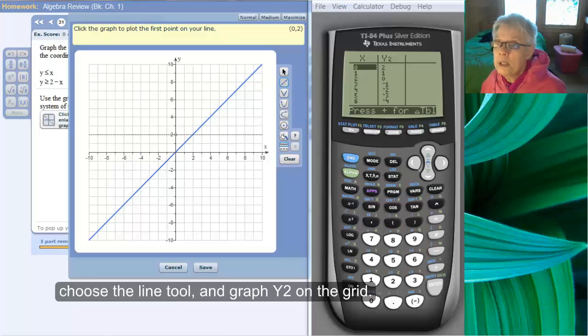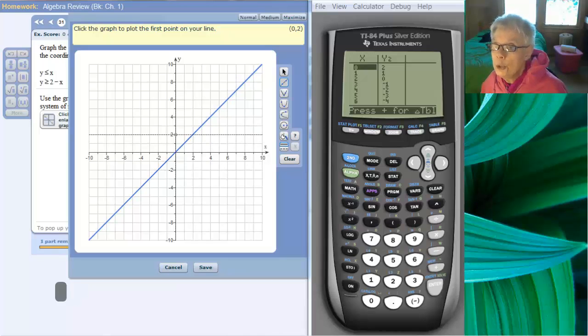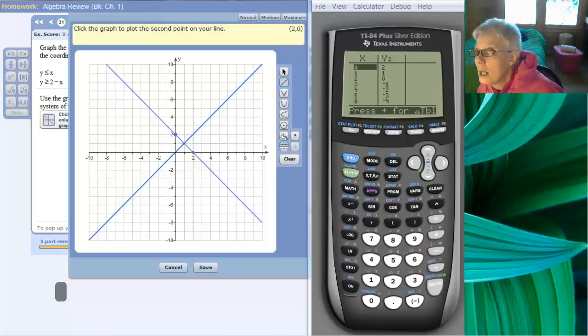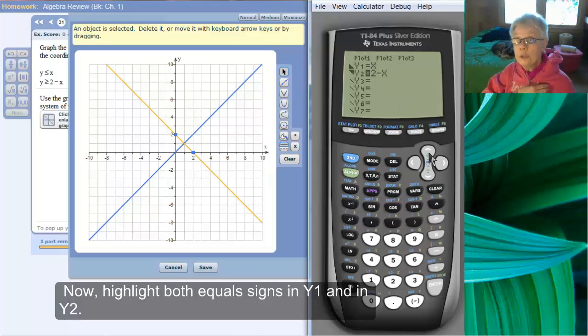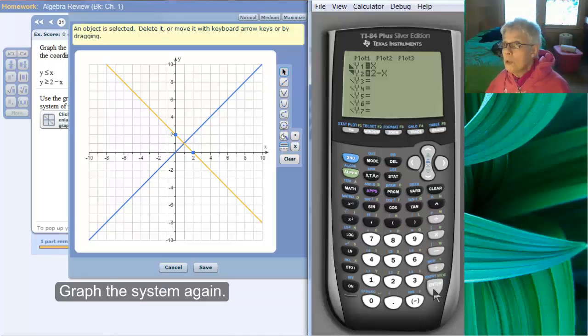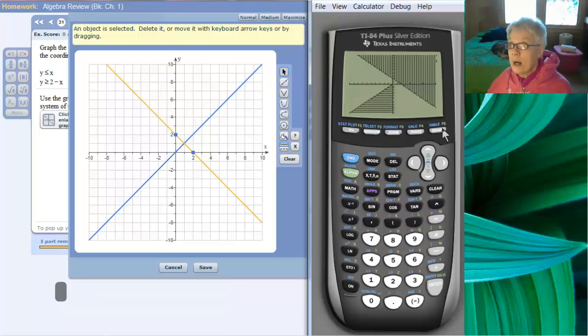No, let's see which points I choose. 0, 2, and 1, 1. Or maybe I chose 2, 0. Looks like I chose 2, 0. Doesn't matter. Now I'm going to turn on y1 by clicking on the equal sign.